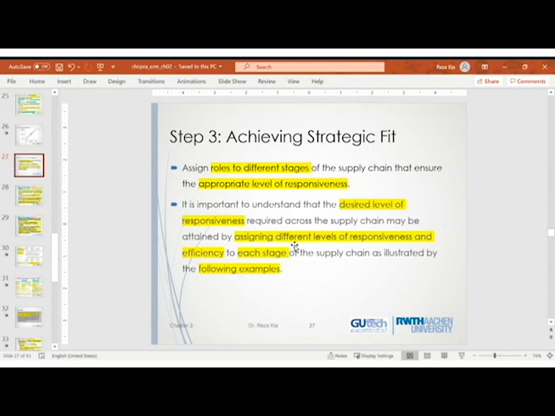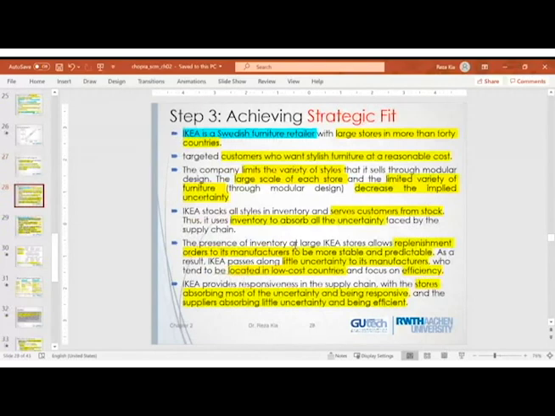I will explain that in the different stages of a supply chain, different levels of responsiveness or efficiency could be desired. So we cannot say that across the whole supply chain, the level of responsiveness and efficiency will be similar. So let's see some examples here.